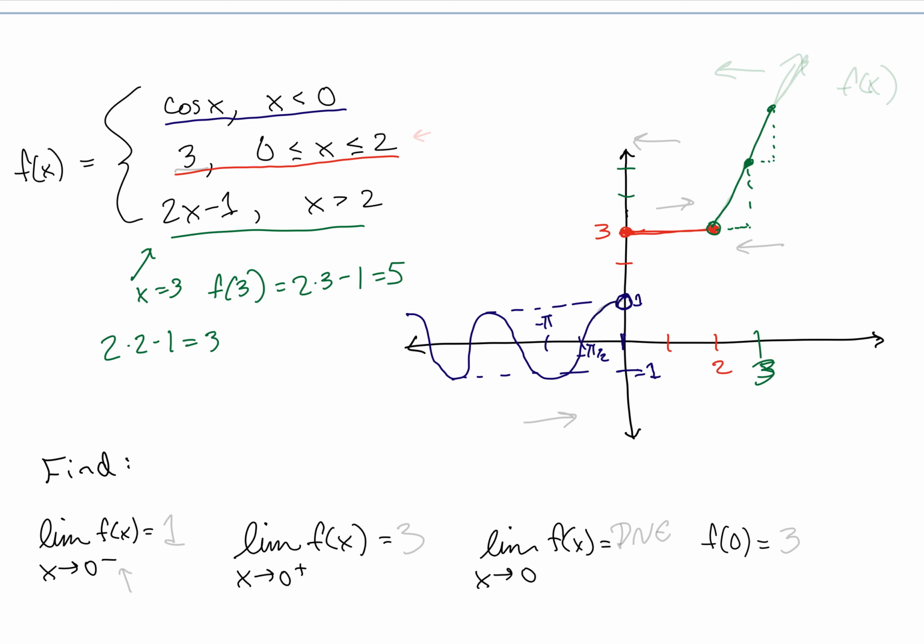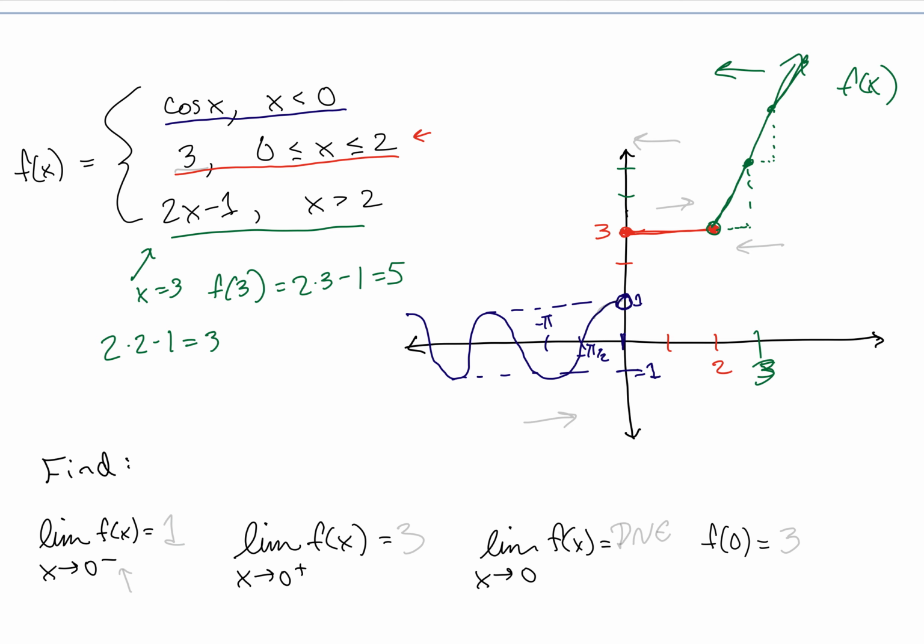So the limit as x approaches 2 from the right-hand side of this function is an output of 3. So this will intersect with what the previous part of the function was doing. Okay, so now we've got our graph of this function, f of x. It's a piecewise function defined over 3 different sections.